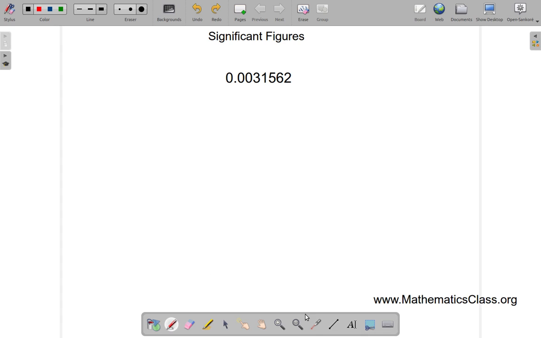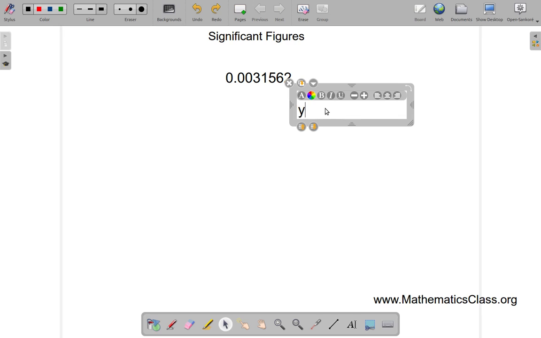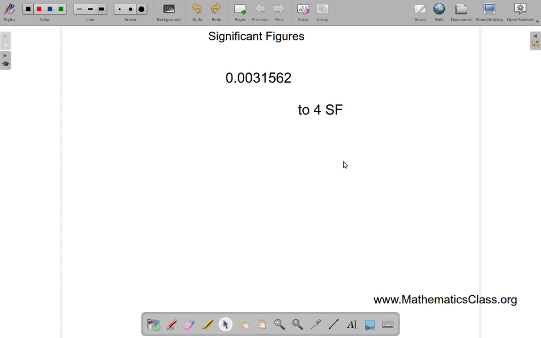Suppose you're asked to write this number to 4 significant figures. What would you do? Let me just make a note of that. I want to write down this number to 4 SF, significant figures.